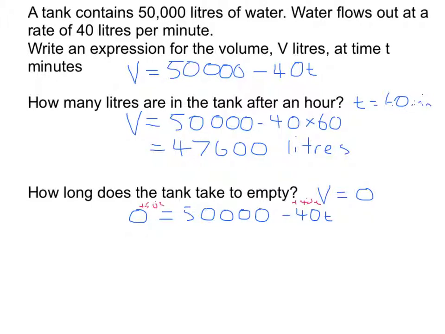That's just going to shift the 40T to the other side, so we end up with positive 40T equals 50,000. And then we're going to divide both sides by 40, which will give us T is equal to 1,250 minutes. That's that one done.